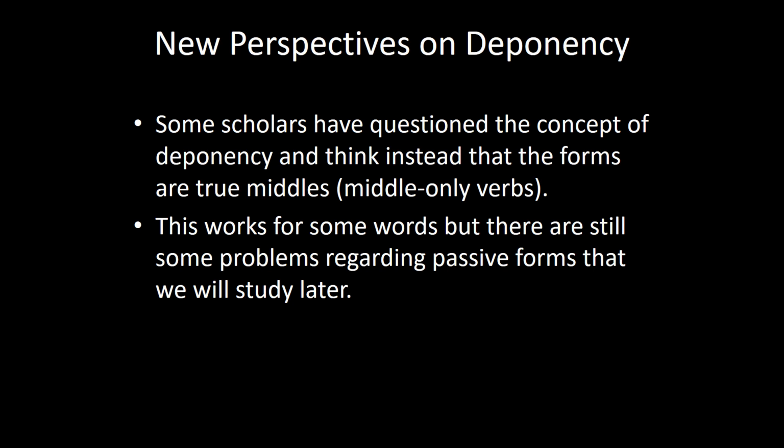There may be a solution to this. Everything's not quite neat and tidy yet. So what I want you to do is to go ahead and use the concept of deponency, but also know that if a verb could be middle, it may just be a middle-only verb. So for now, we're going to straddle the fence a bit until further research comes out and demonstrates one way or another which is most likely correct.